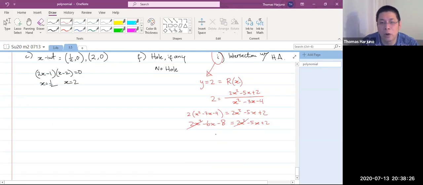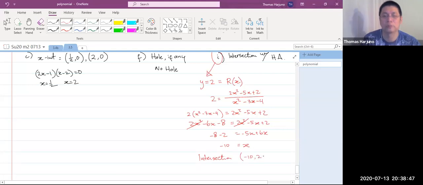Okay, so I will get -8 - 2 = -5x + 6x. So x = -10. So the intersection is (-10, 2).